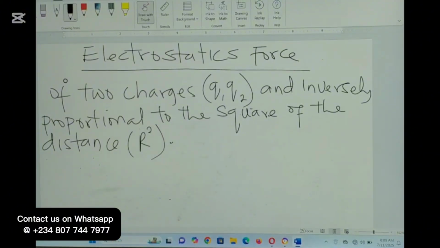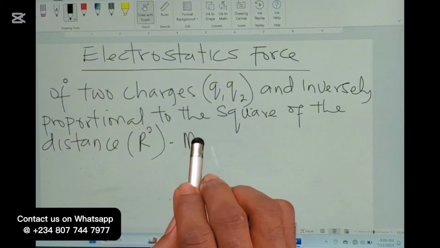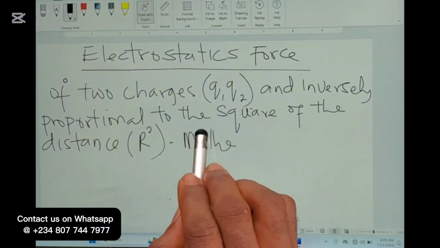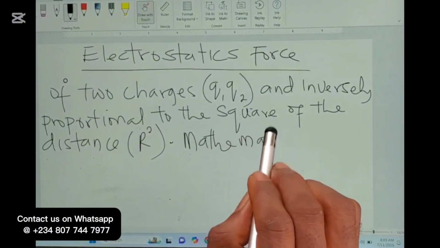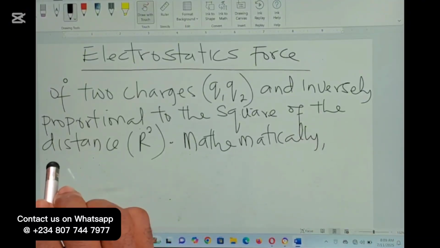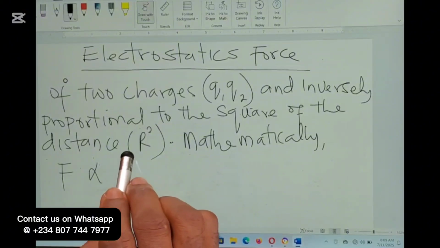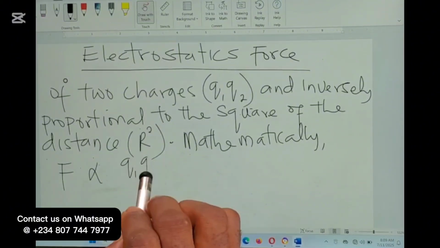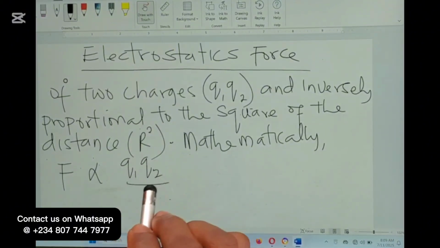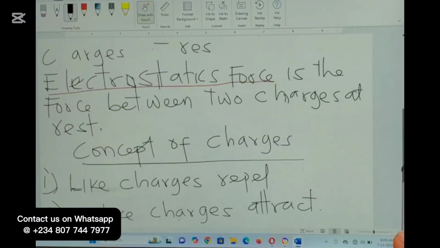So class, let's represent this statement in a mathematical expression. Mathematically, F is directly proportional to Q1 Q2 over r squared.